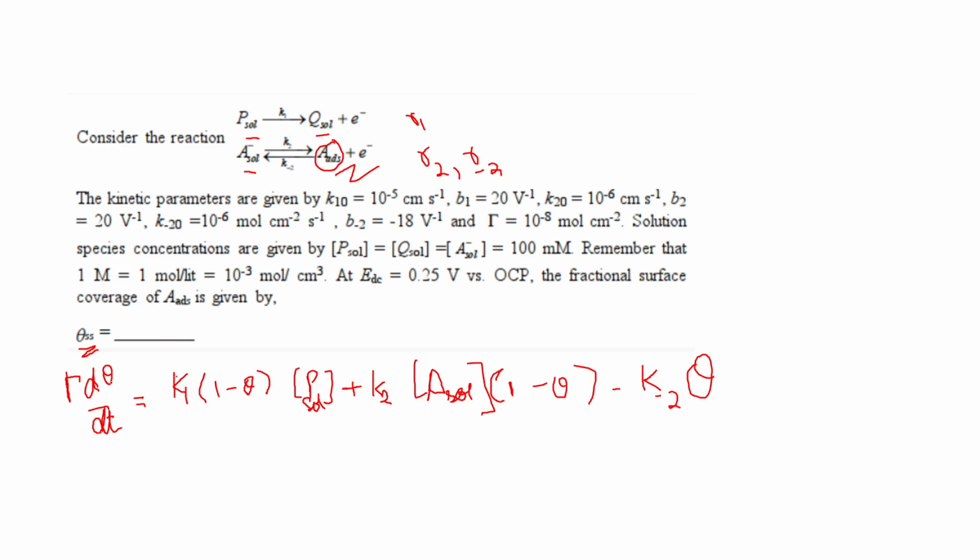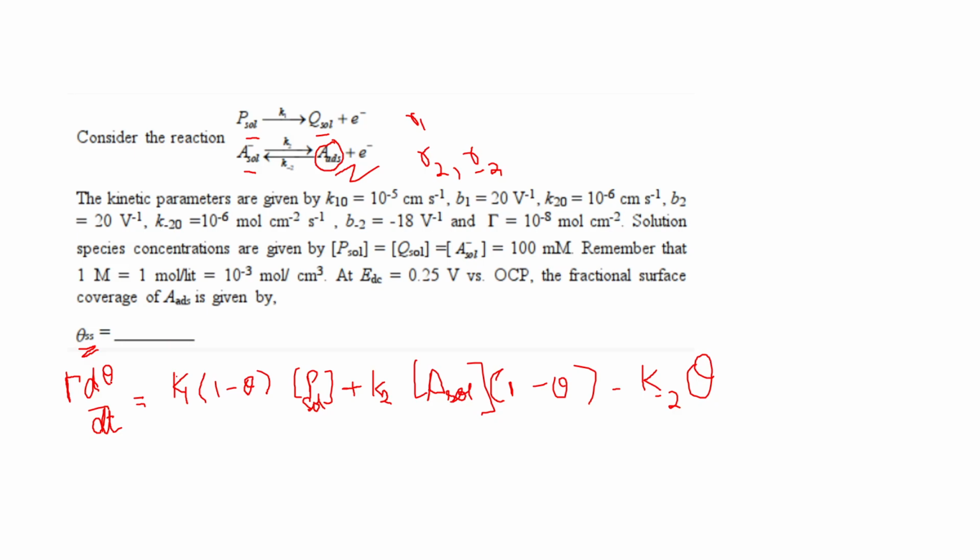Something like rate of input minus rate of output plus or minus generation or disappearance, right? The same thing is happening here. Theta corresponds to the fraction of sites which are occupied by A adsorbed.